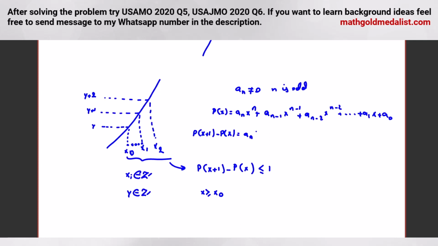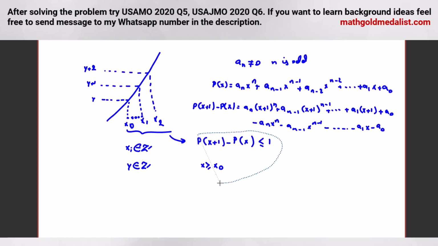So do you agree it will be an (x plus 1) to the n plus an minus 1 (x plus 1) to the n minus 1, minus an x^n minus an minus 1 x^(n-1), minus an minus 2 x^(n-2), minus a0, right?